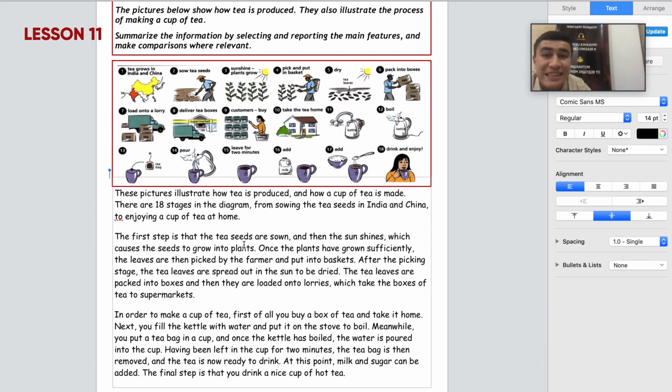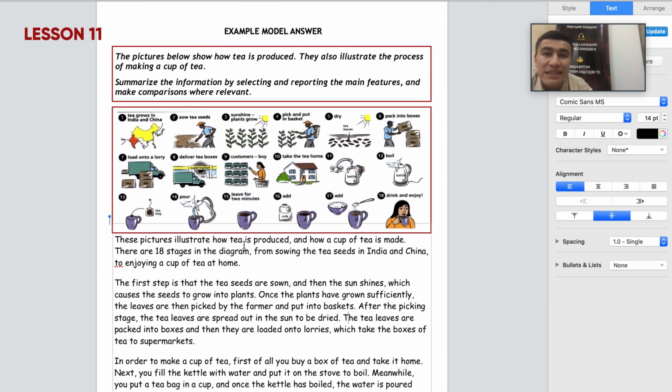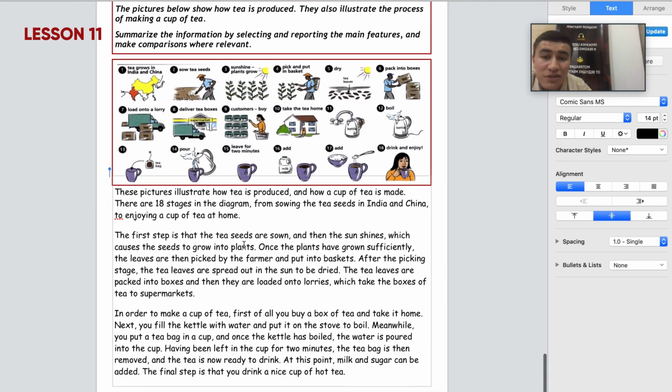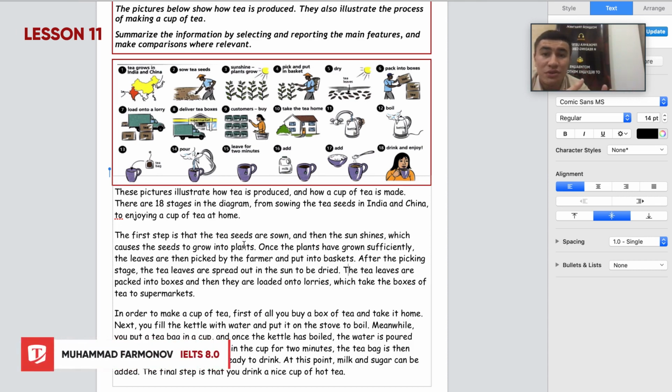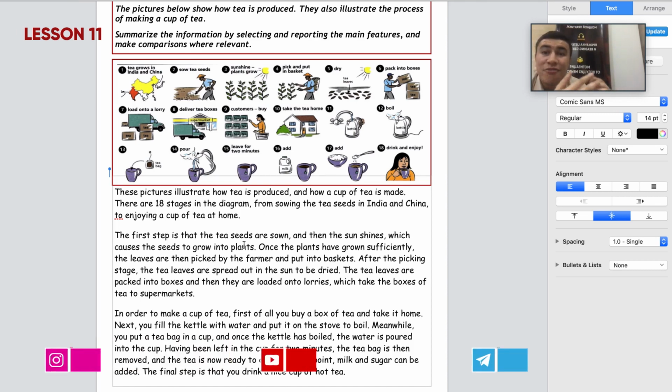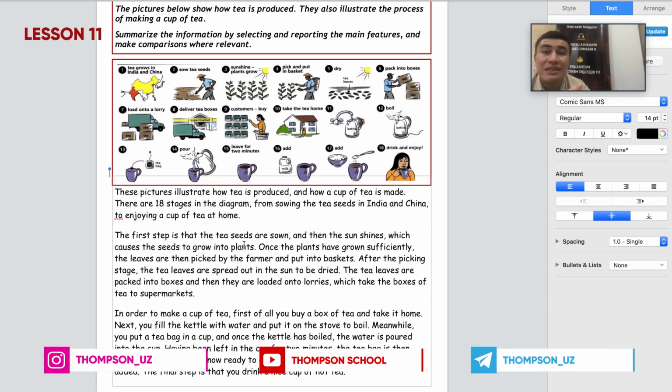This is the logical division here. And of course I do recommend you to practice, and you can take this example model answer and read it through, analyze it, go through the different structures and try to use a variety of structures. Remember that variety of language is very important in writing.